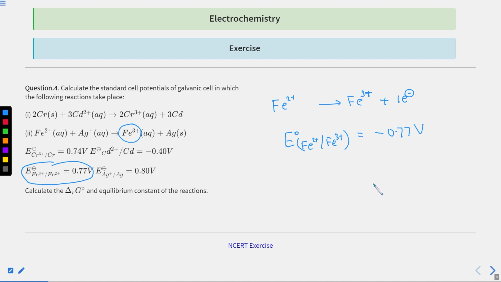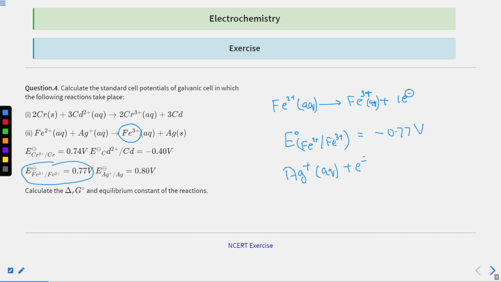Now, let us move to the next species. It is going from Ag+. I missed the phase of each of these. You must be very attentive with this because writing the phase is very important. So aqueous is going to solid. Here we have an aqueous solution.